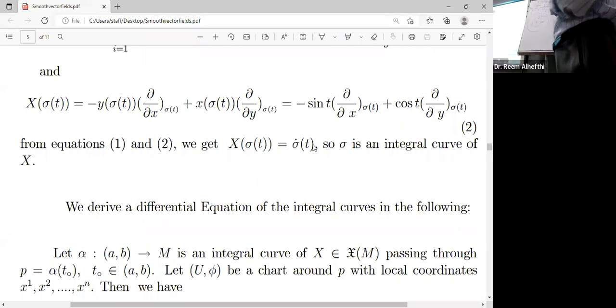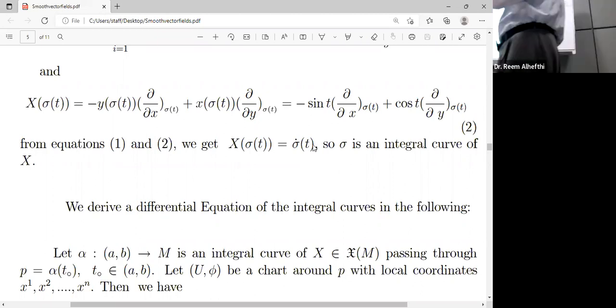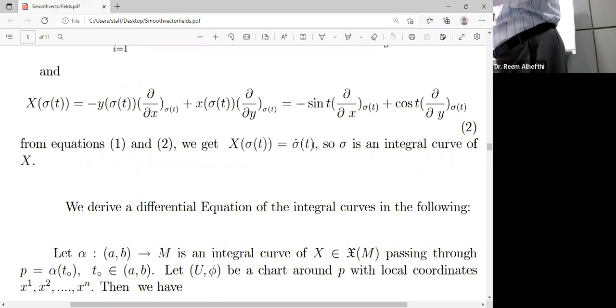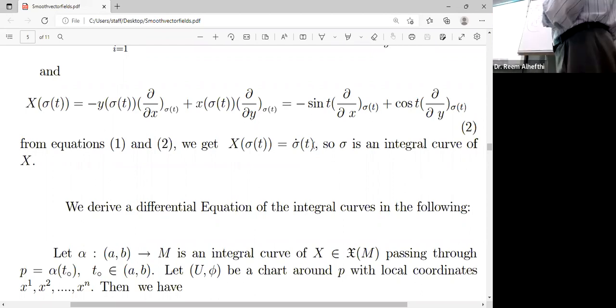So now what happens is that X is some f_i. What are these f_i's? They are nothing but X acting on x_i, right?